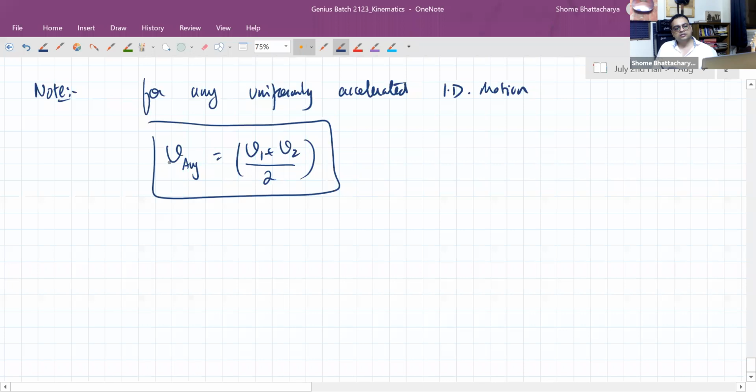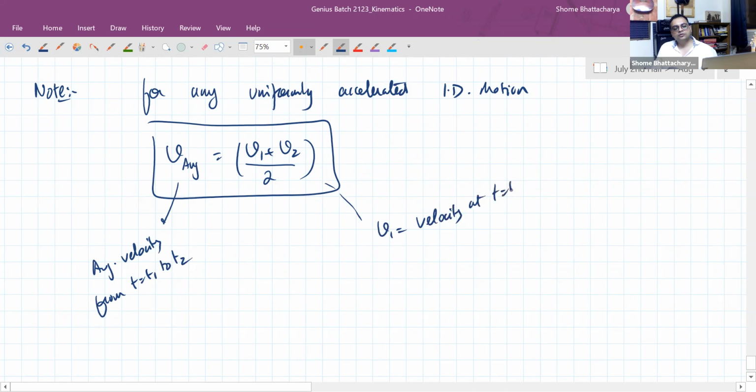So this is the average velocity from t equal to t1 to t2, where v1 is the instantaneous velocity at t equal to t1, and v2 is the instantaneous velocity at t equal to t2.